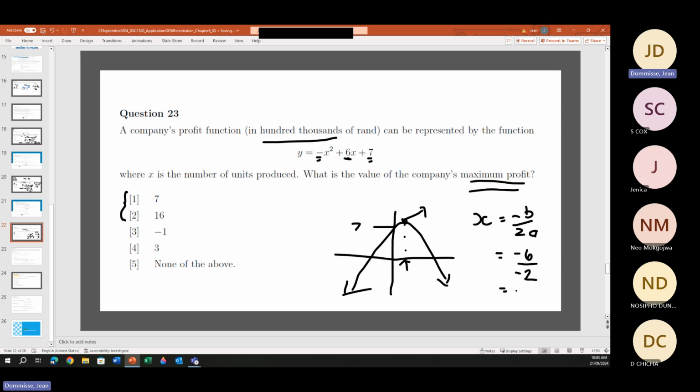So that is 3. There they give us 3, but we need to work out the profit, so we still need to put that 3 back into the formula.